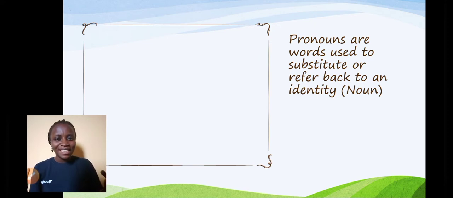Pronouns. Now we know that nouns are words used to give identity, and so they are naming words. That's why they are called naming words. Now, pronouns were created so that in the absence of your face, you would still be identified. You will still be recognized. And what can that be?